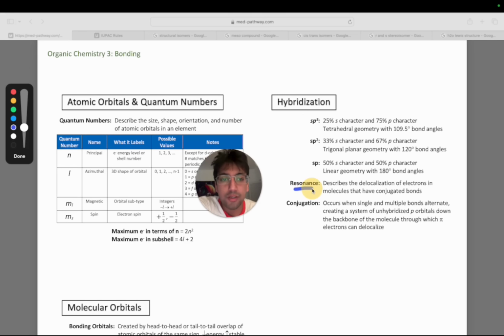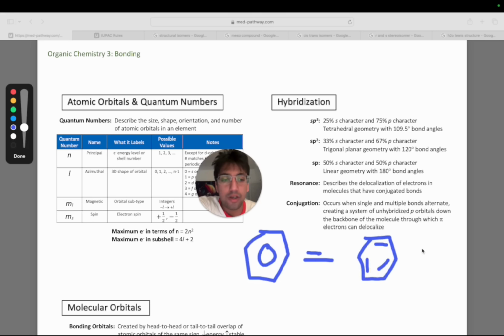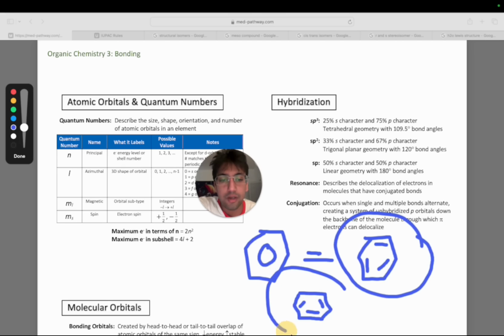Resonance is basically the delocalization of electrons in a molecule that has conjugated bonds. So remember I was talking to you about this benzene ring, and this is kind of equivalent to these double bonds, right? And so in organic chemistry, it's really important to understand that this is actually going to exist half the time, and this other molecule is going to exist the other half of the time, right?